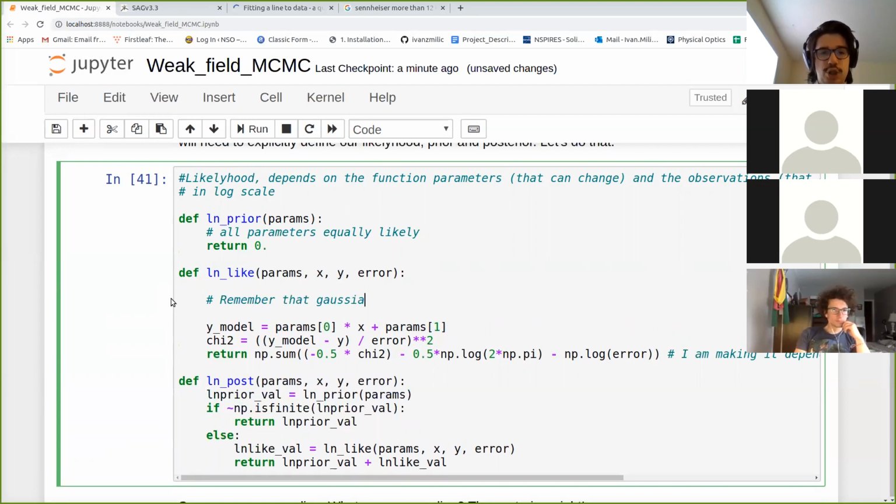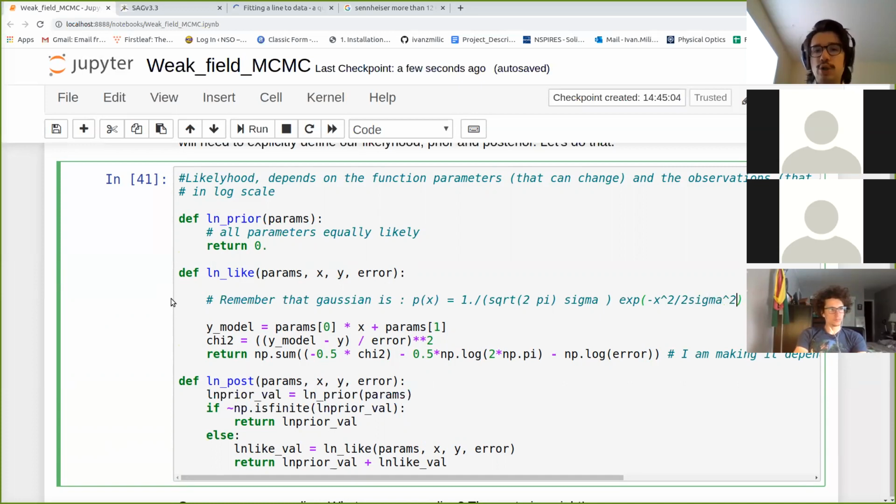Remember that the Gaussian is P of x equals 1 over sigma times the square root of 2 pi, times exp of minus x squared over 2 sigma squared. When you take the log of this, you're going to get something like this.